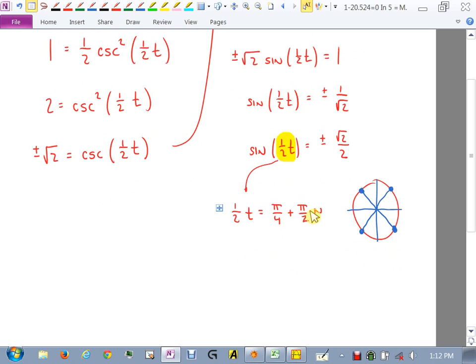Pi over 2 n gives you the quarter rotations. And now solve for t. So multiply both sides by 2. t equals 1/2 pi plus what? Pi n. Y'all okay? All right.